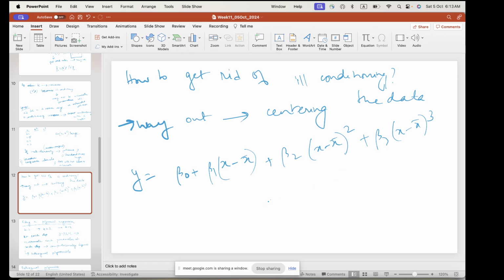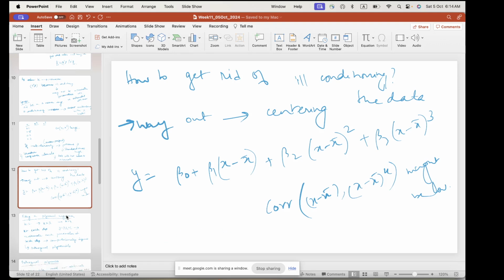In that case, we'll see that the correlation between (x minus x bar) and (x minus x bar) to the power k might be low. Okay, so this is one way how we can tackle ill conditioning.